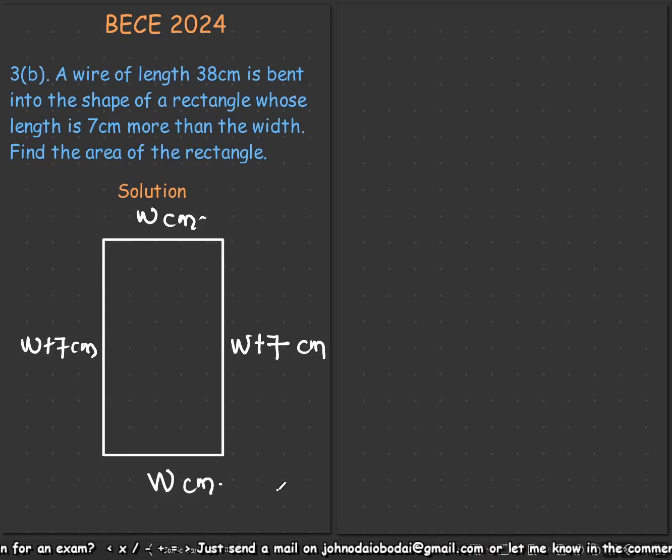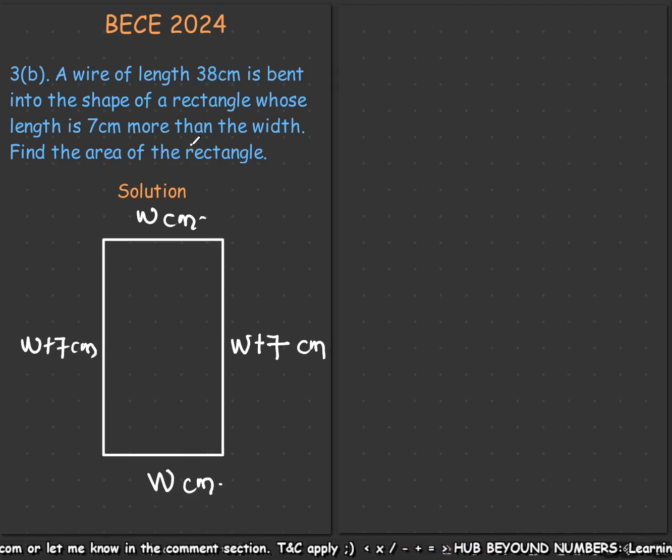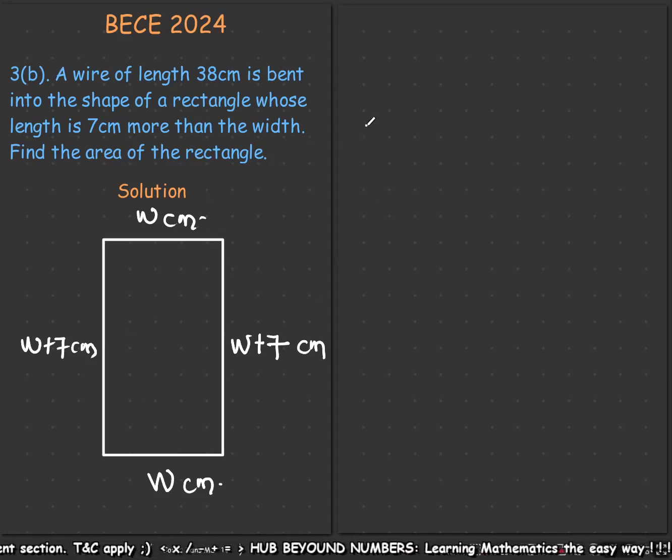Now, we know for a fact that if we add all of this, we'll get the perimeter of the rectangle. But what actually is the perimeter? That is this 38 over here, because this is the wire out of which we got this rectangle. So the perimeter of the rectangle is 38.